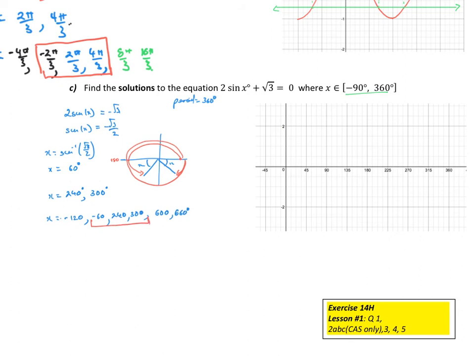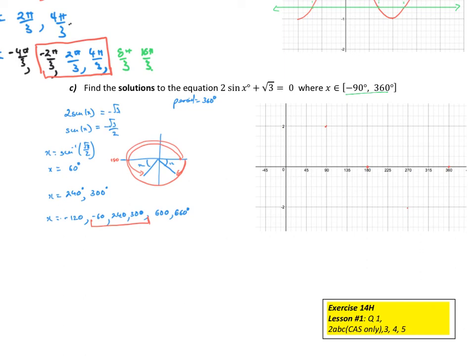All right. So again, I guess if I was to sketch this graph, 2 sine x, my period is 360. So I'm going to do it in 2 steps. So 2 sine x means there's my 90, there's my 270.